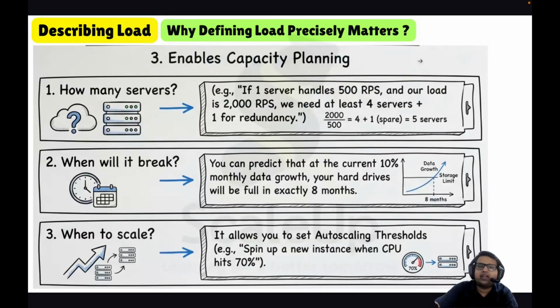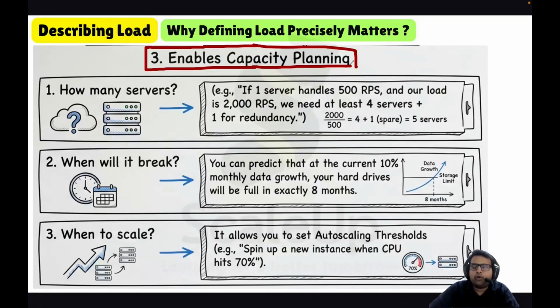Defining load precisely also enables capacity planning. By knowing the load, you can answer three most important business questions. First, how many servers to use while designing a system?